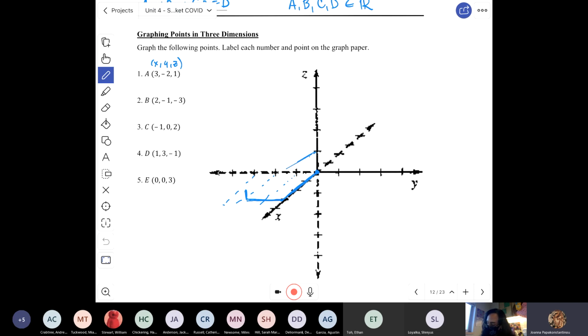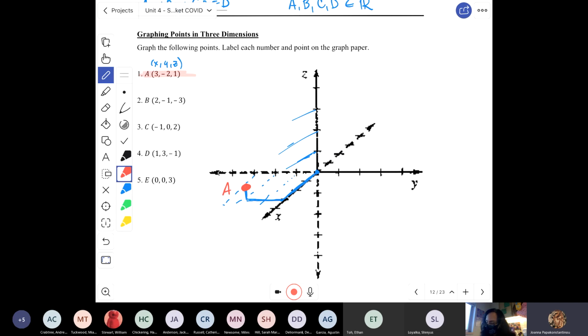These are coming out here. It's very hard to see in a 2-dimensional space. So where is this point? If I were to graph this point, 3, -2, 1, it would be here. That's point A. Again, you don't necessarily draw the path, but right now for you to see it, I'm drawing it.